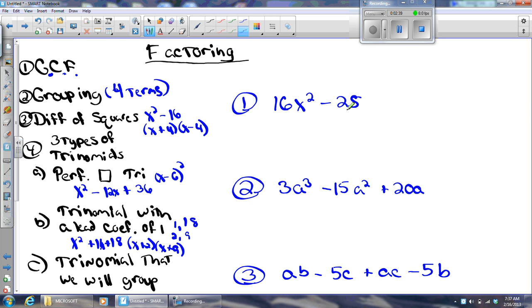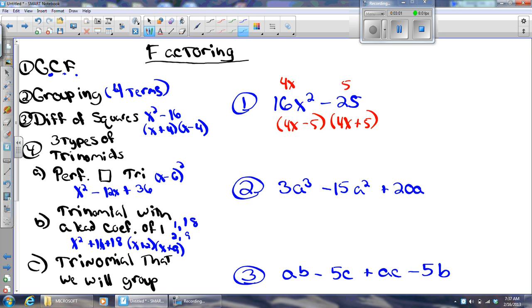I looked for a GCF. I don't see a GCF. But I notice this is a perfect square. The square root is 4x. This is a perfect square, 5. So this is the difference of perfect squares because there is a subtraction. We're going to have 4x minus 5 as one quantity and 4x plus 5 as a second quantity. And we're done.